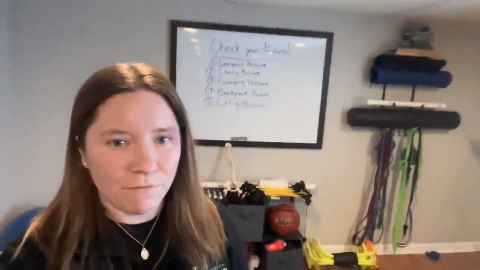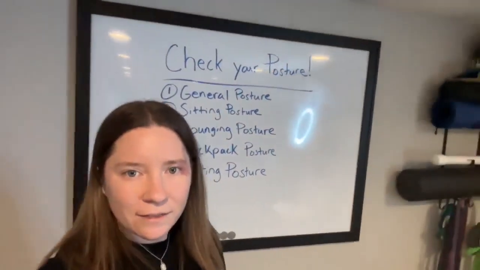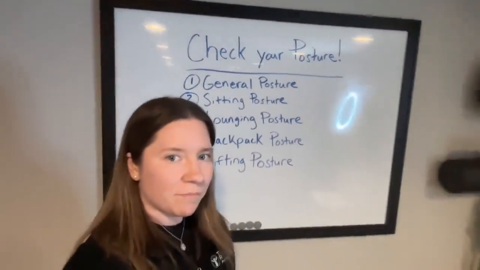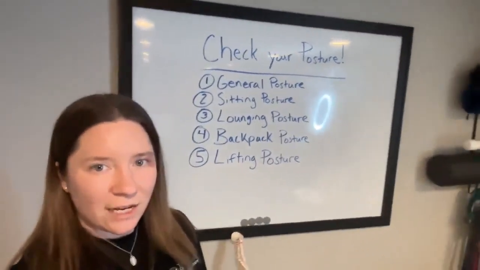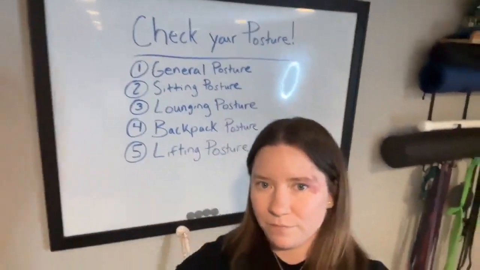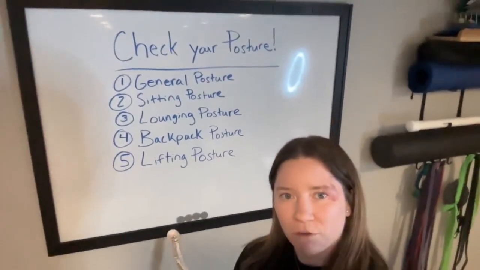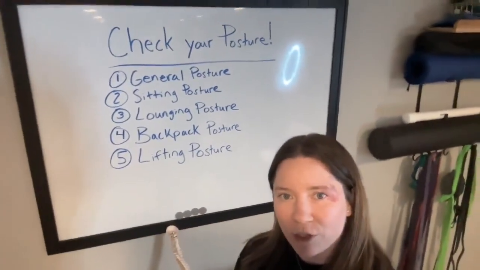Awesome. So let me take you back to my board because I wrote a few things down for you. On here, not sure if you guys can see it, but I said check your posture. All right, it's a little dark, but here we go. 5 different types of posture that we will go over today. First is just going to be general posture.